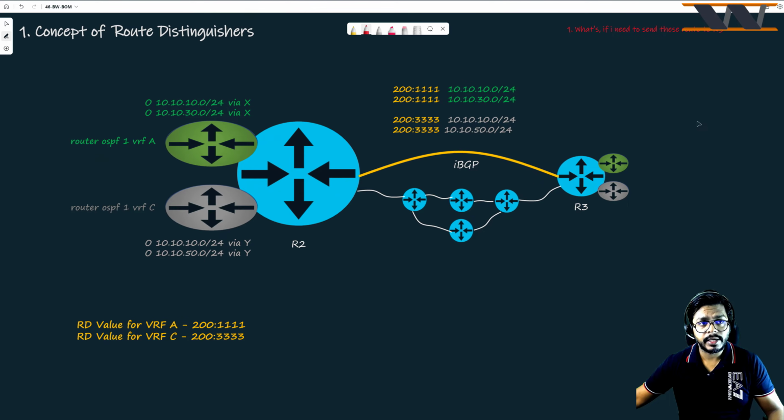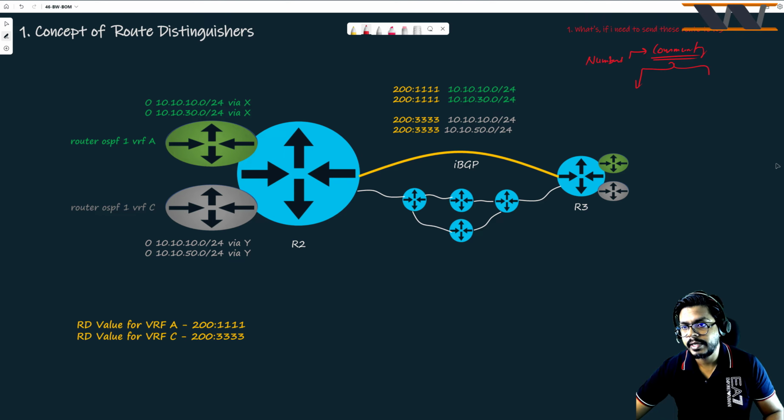So by the way, guys, this number which I was talking about in the previous board looks exactly like our community. Its values are divided into two parts. This number, which we are calling the route distinguisher, is divided into two parts. The first part is 16-bit.